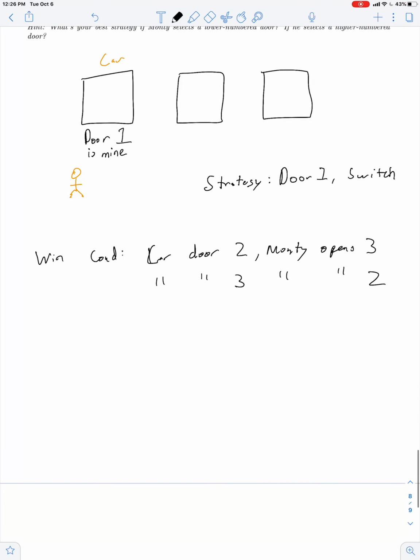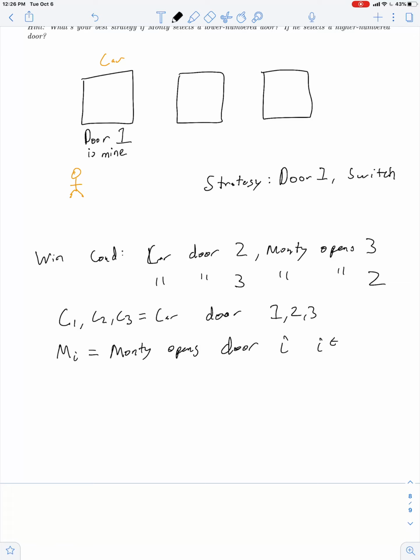So to start off, I'm going to define some events. I'm going to let C1, C2, C3 be the events that the car is in door 1, 2, and 3 respectively. And Mi will be that Monty opens door i, where i is in 1, 2, 3.